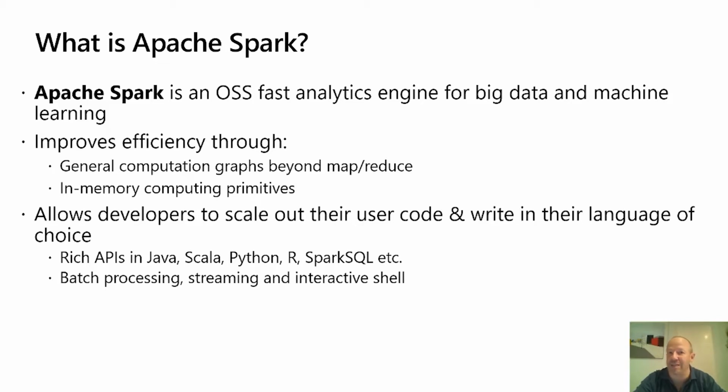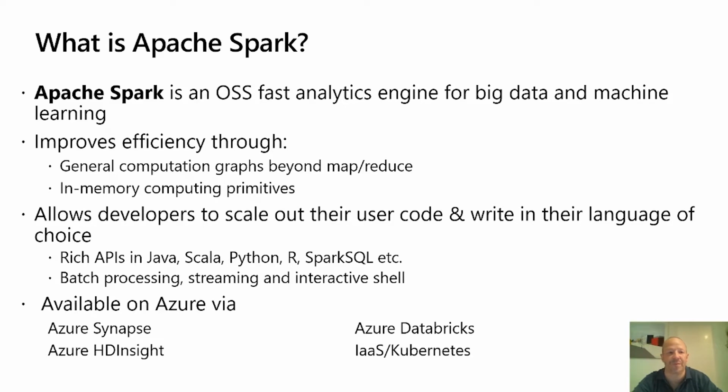The interactive shell is normally known as a notebook. Apache Spark is available on Azure in Azure Synapse, Azure HDInsight, Azure Databricks, and you can roll your own using the infrastructure as a service offerings and Kubernetes clusters.